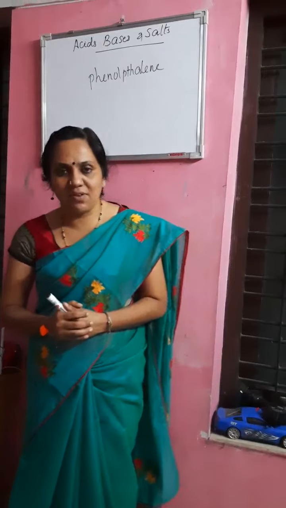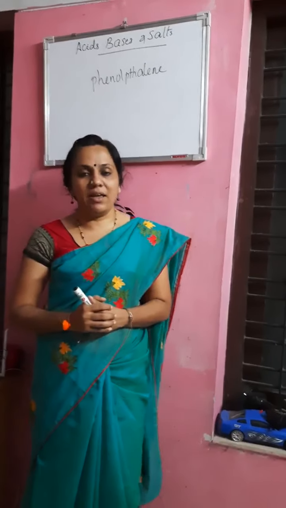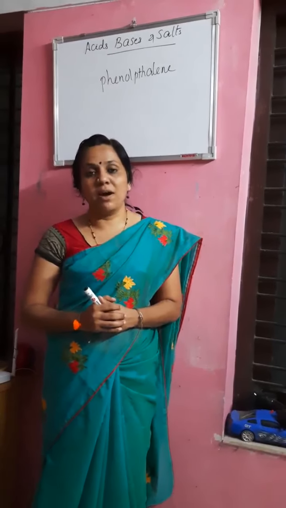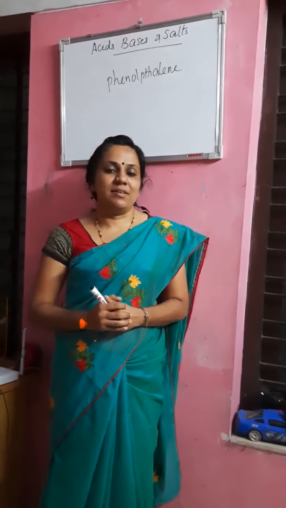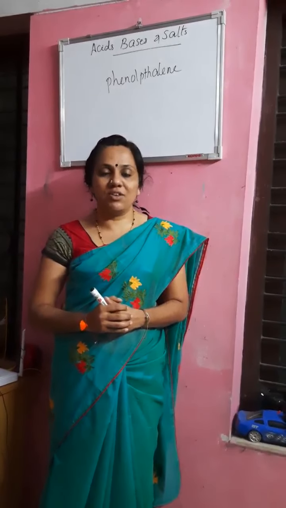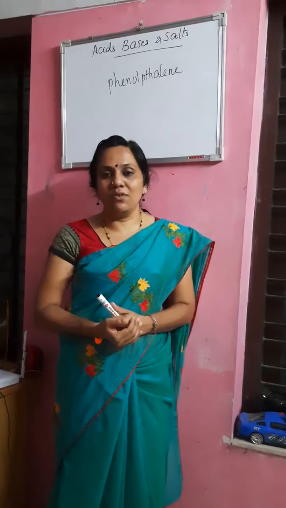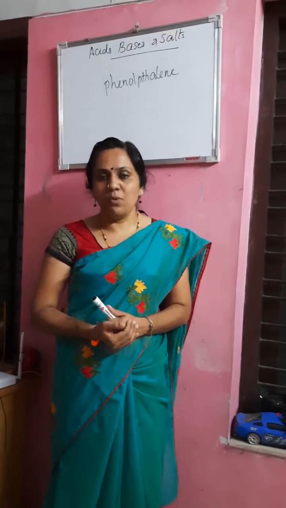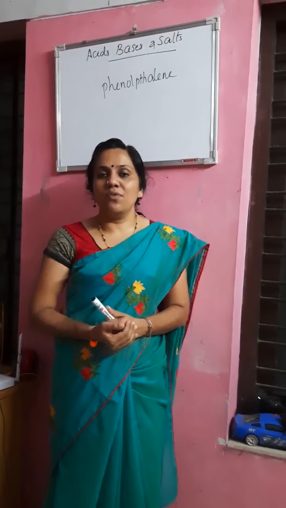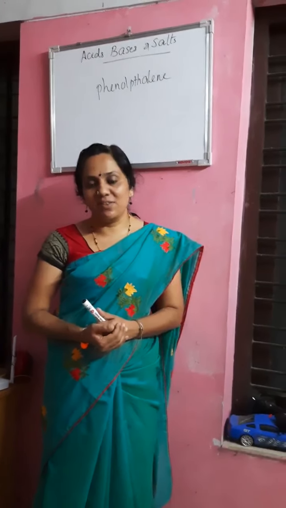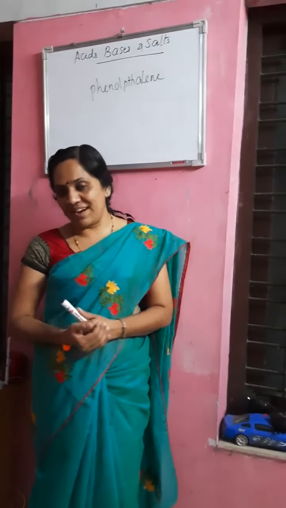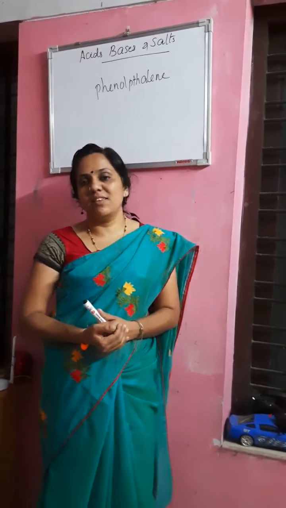Similarly, I am taking this phenolphthalein and to this I am adding 1 or 2 drops of sodium hydroxide, or base. What will happen now? It will immediately change into pink color. Bright pink color, you will be getting the solution. So, we can say phenolphthalein is pink in color in basic solution. So, in acidic solution it is colorless, and in basic solution it is pink in color.